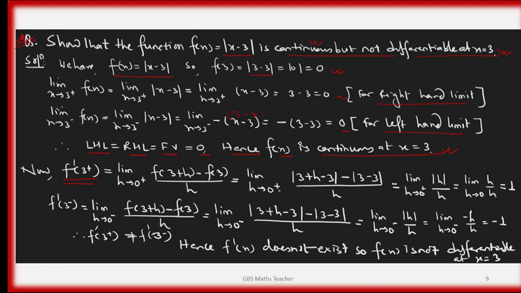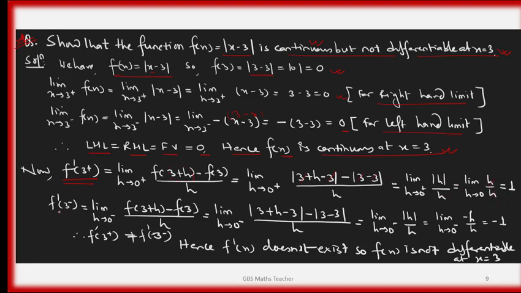F of 3 plus h is mod 3 plus h minus 3, and similarly f of 3 is mod 3 minus 3, divided by h. This cancels, this cancels, leaving mod h by h.